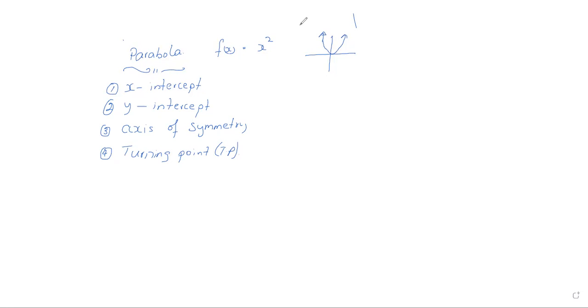Now, when you look for the x-intercept, you always let y equal to 0. The same way we let x equal to 0.